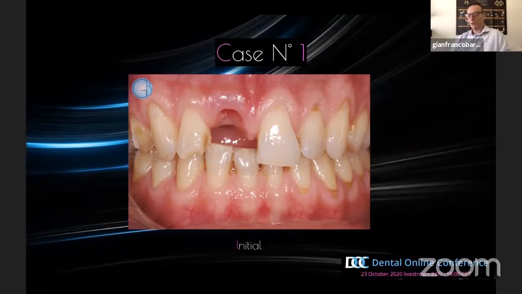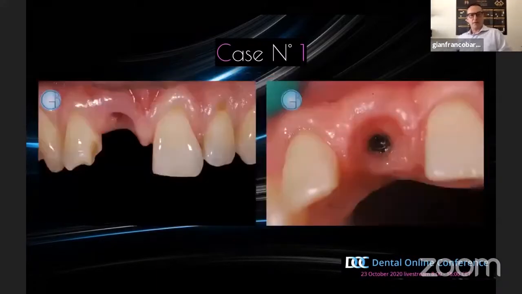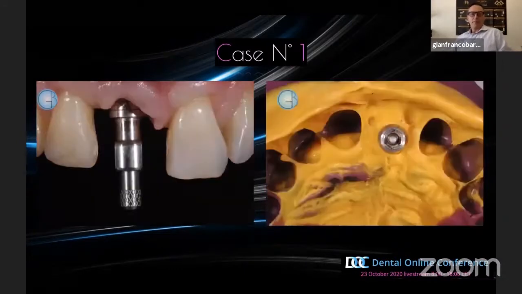The patient lost his central incisor, and the dentist put in the implant. This is after a few months. The integration of the implant was really good.